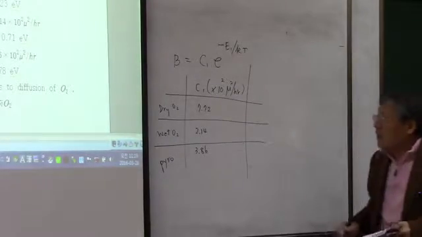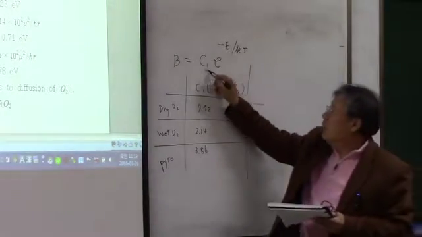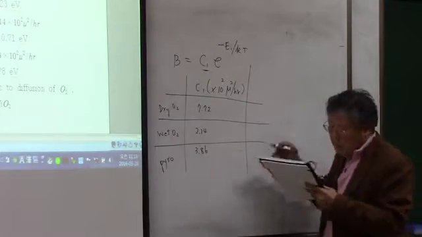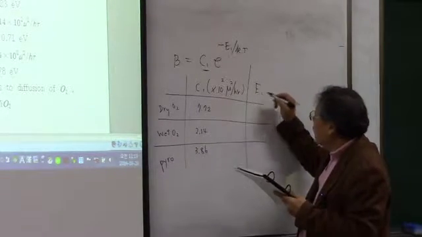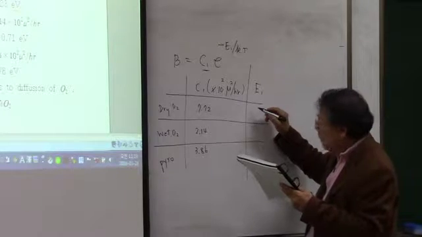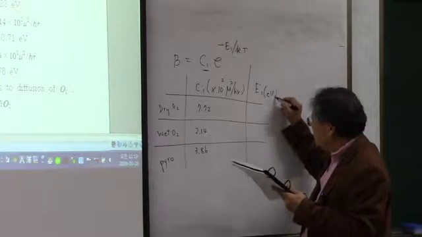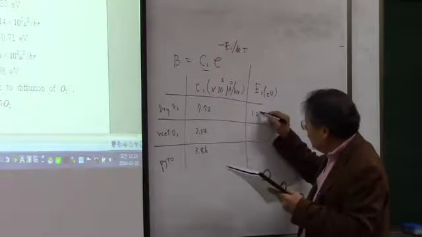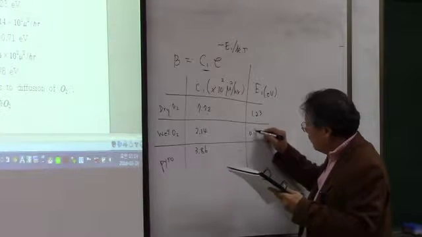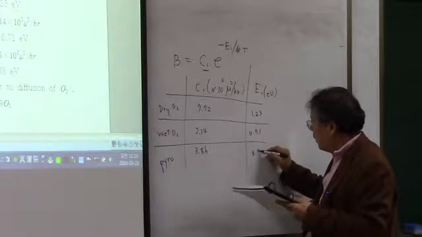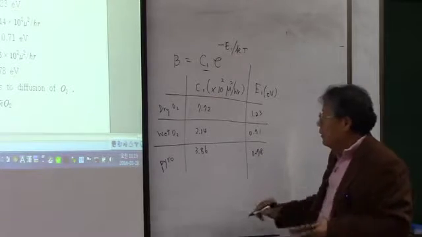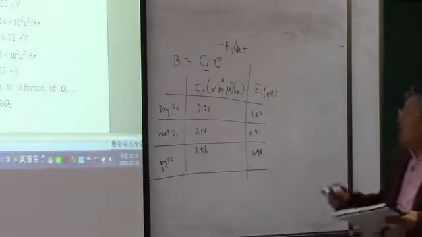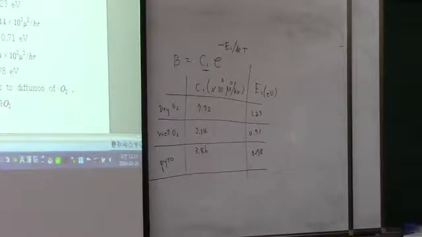You have a different value for C1 for each environment, and E1, the activation energy in electron volts, is 1.23, 0.71, and 0.78. We all have different values here.